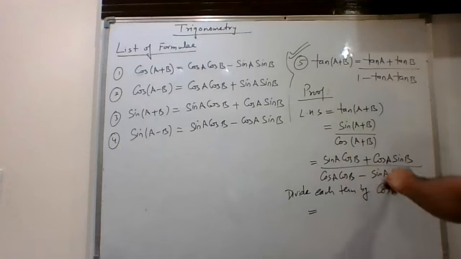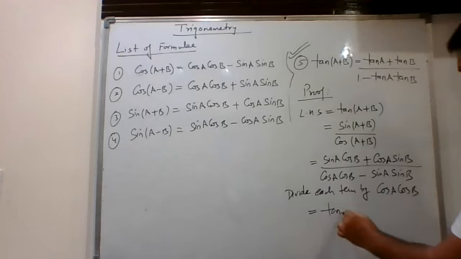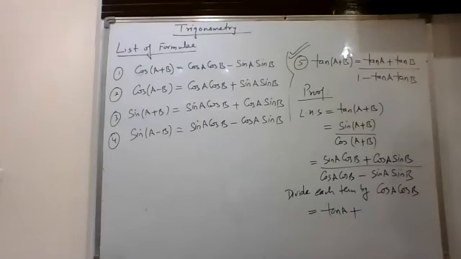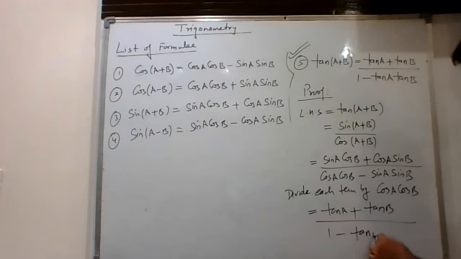When you divide them, cos B cancels out and you are left with sin A upon cos A, which becomes tan A. Similarly, cos A cancels out and this becomes tan B, and in the denominator you will get 1 minus tan A tan B. This is how we can prove this formula number 5.